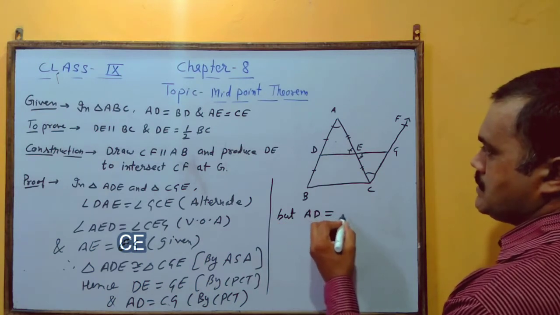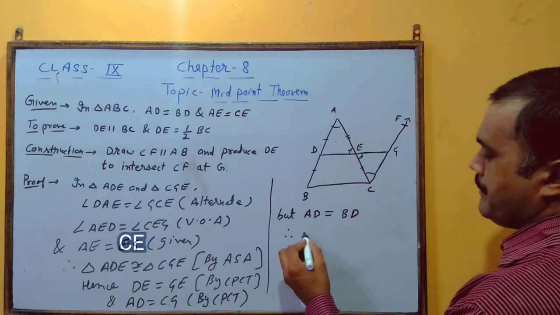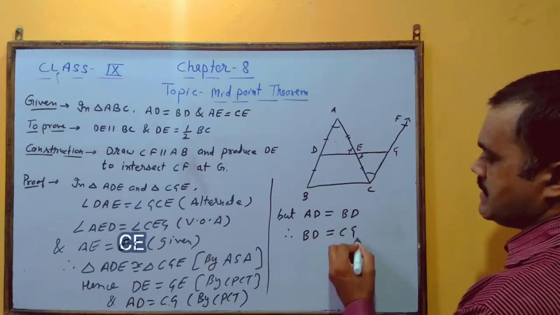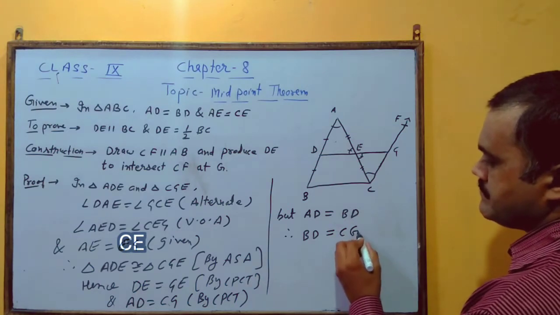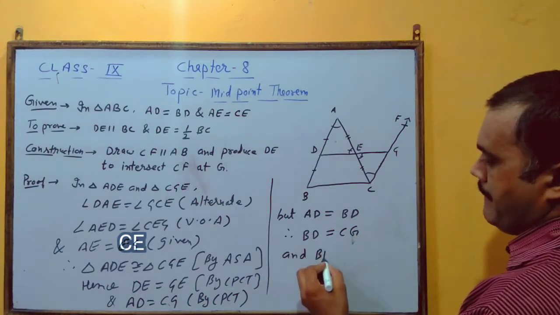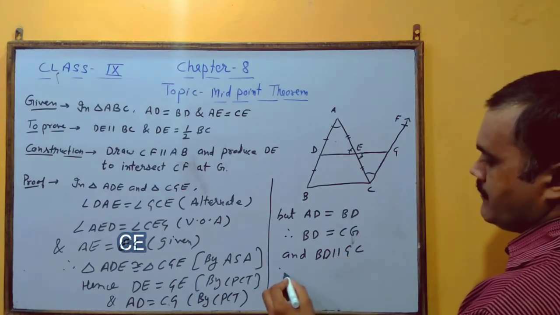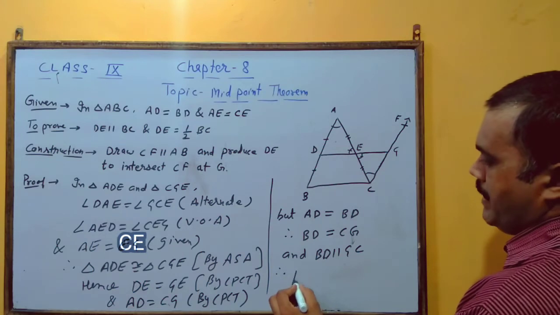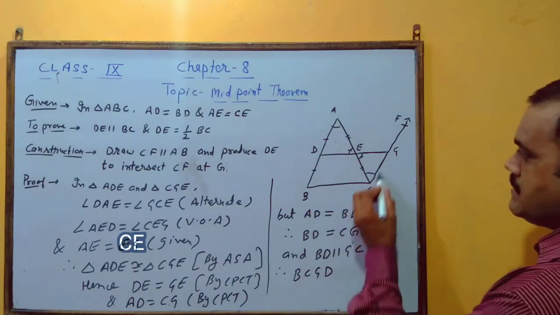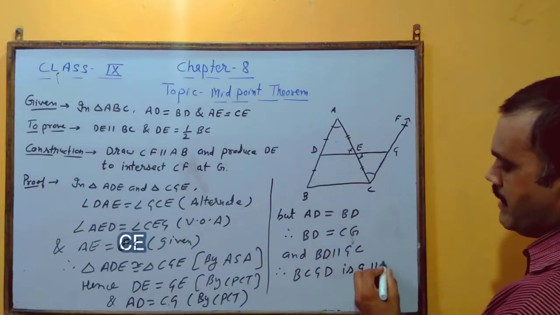Now we come to here, this AD, but AD is equal to BD, therefore BD is equal to CG and BD parallel to CG. Therefore, BCGD is a parallelogram.